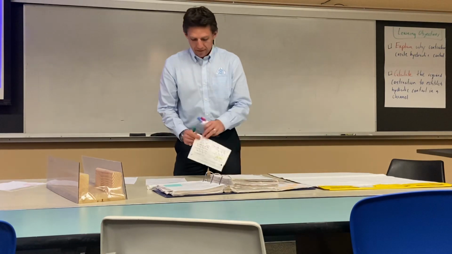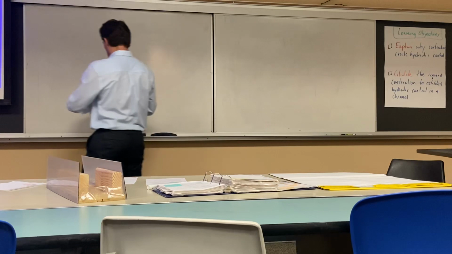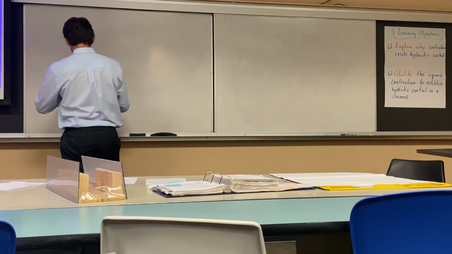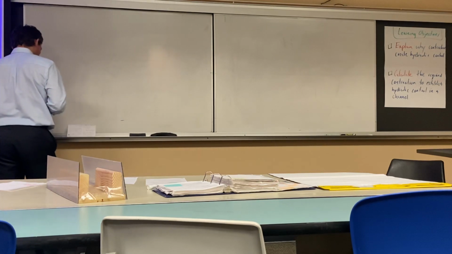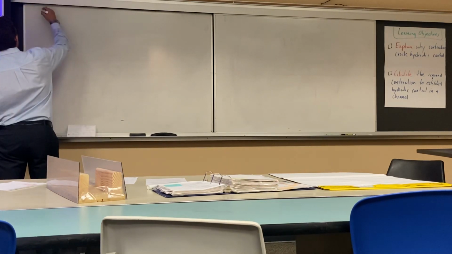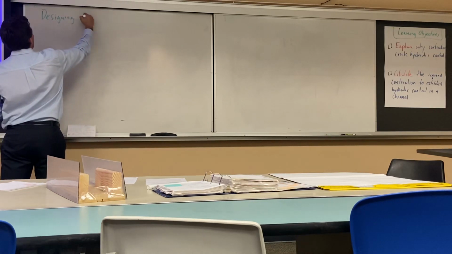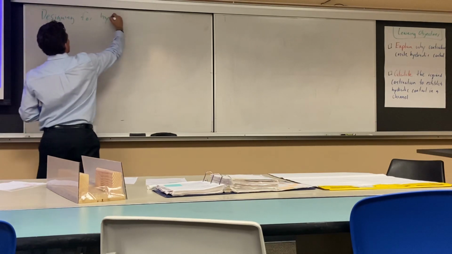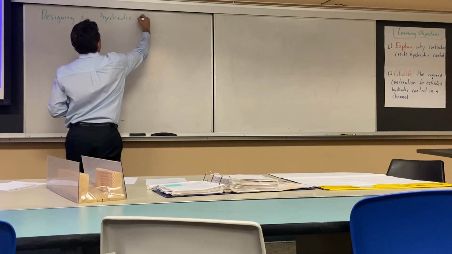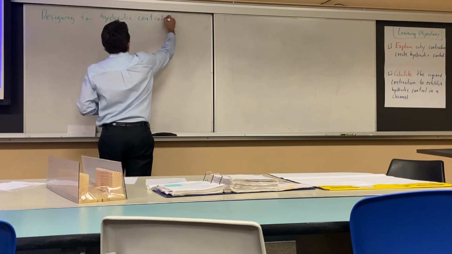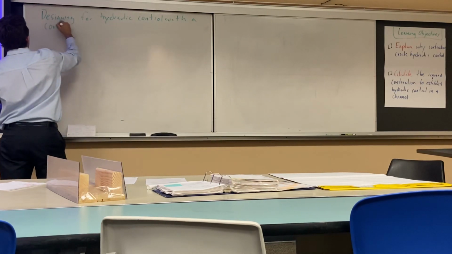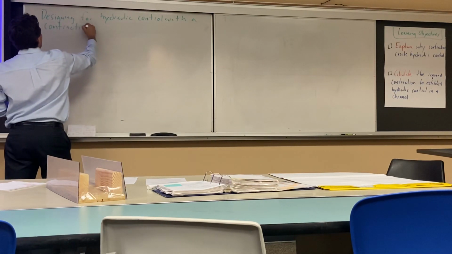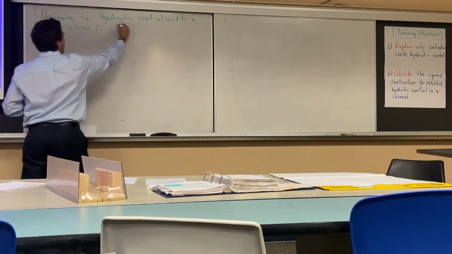So, right, we looked at our equations last time, so the equations we're going to use are essentially the same as last time. So we're going to be looking at designing for hydraulic control with a contraction. So how do we make that work?